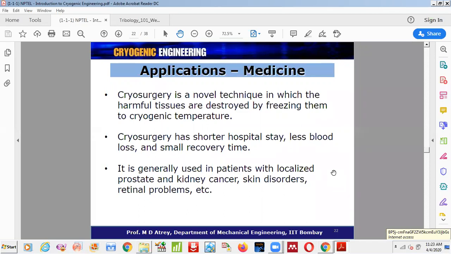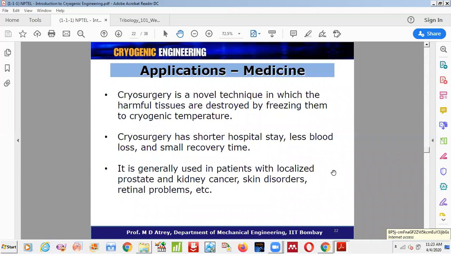If these dead cells get entrapped in any part of the body, then we can identify that part of the body where the cells have died, and we can treat that particular part by subjecting it to cryogenic temperature, destroy them and take them out.